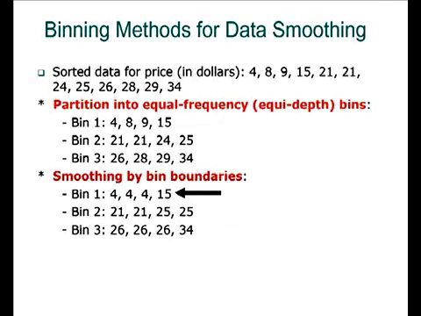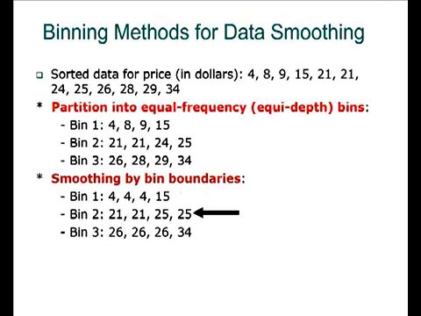Whereas in the case of smoothing by bin boundaries, we replace each element with the closest boundary value. For example, if you take bin 1, 4 is replaced with 4, whereas 8 is replaced with 4 because it is closer to 4 than 15. Similarly, 9 is also closer to 4 than 15. That is why 9 is also replaced with 4, whereas 15 is replaced with 15 only.